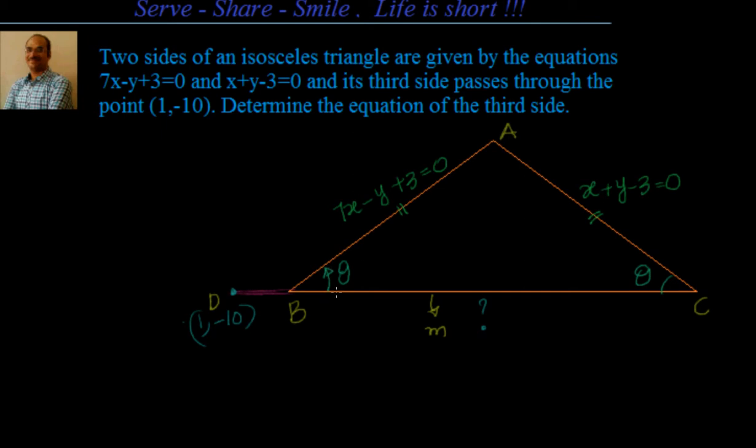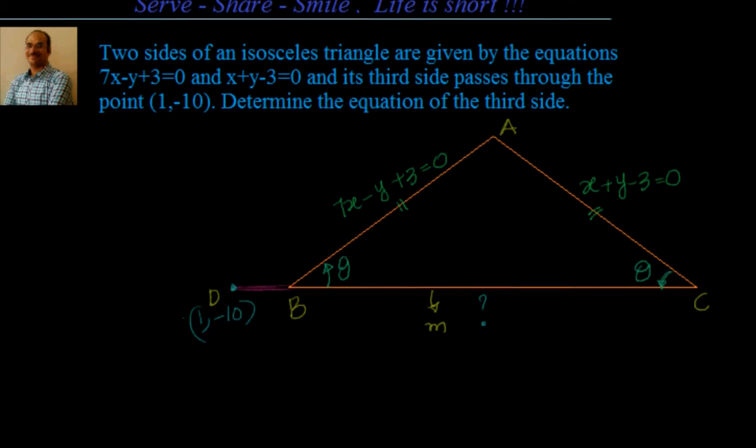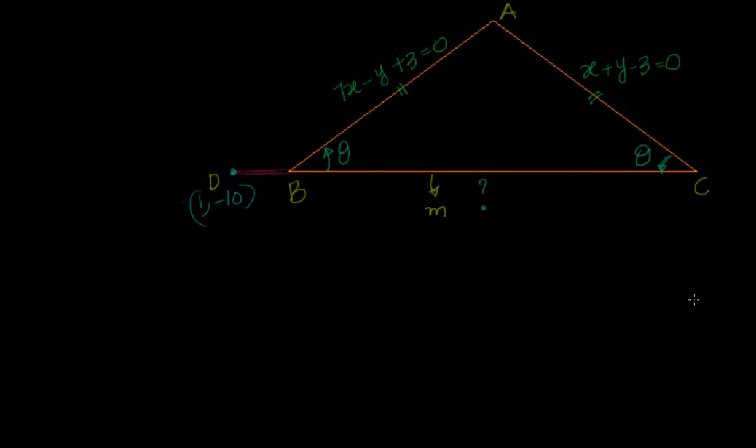So if I start from here like that, and similarly here like this. Now what can we do with this? We can take the slope m, find the slope of AB and the slope of AC, and equate the angle between AB and BC with the angle between AC and BC.